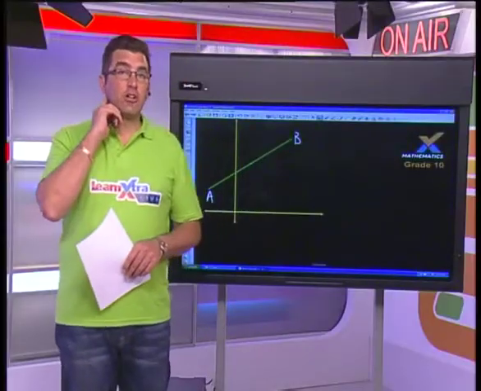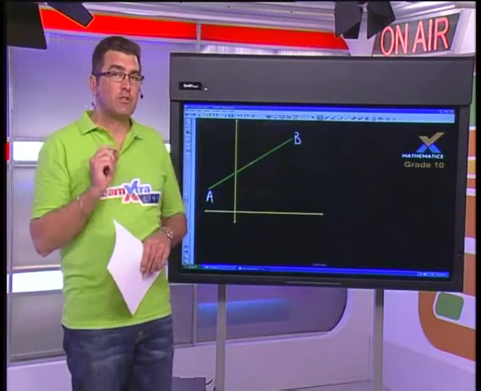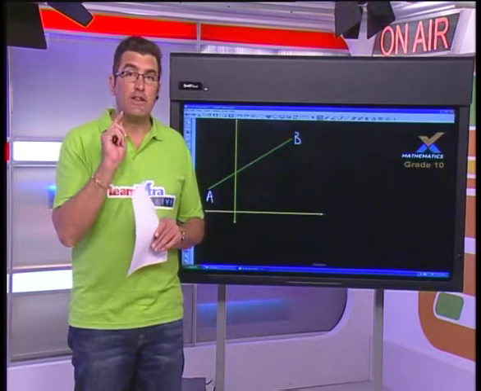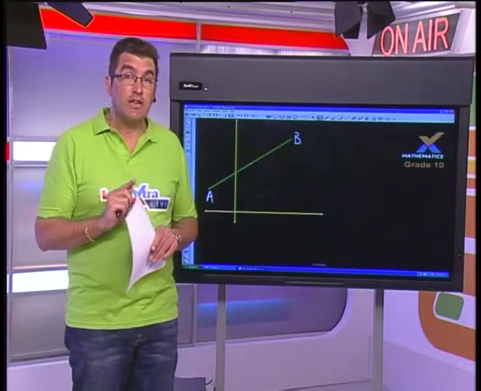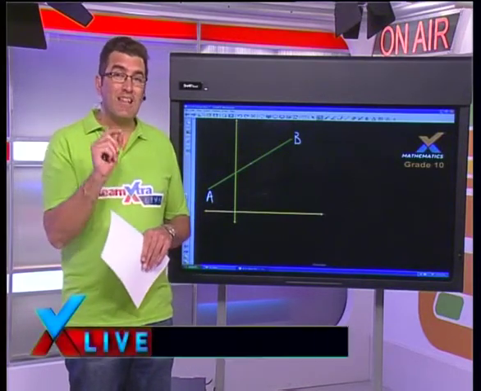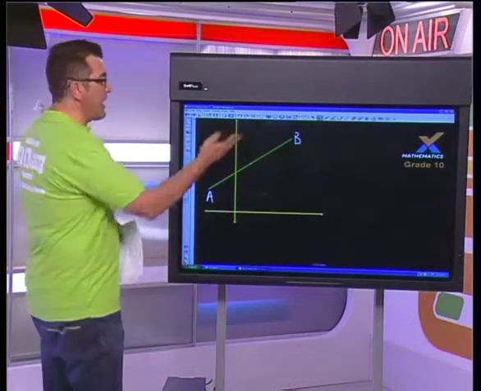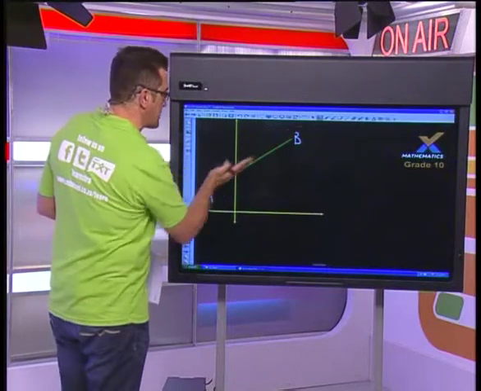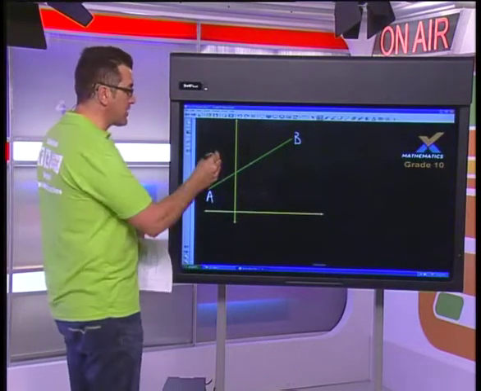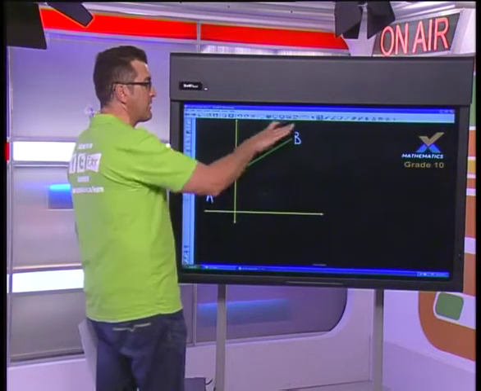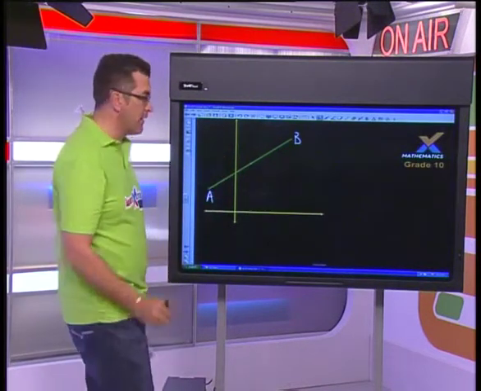Okay, folks, I told you the gradient's going to be a very important concept in your life. So let's look at a few principles that you continuously need to remind yourself of when you look at a line segment and its gradient. Here we have a line that slopes in that direction. The direction of this line is increasing. We talk about this as an increasing line.